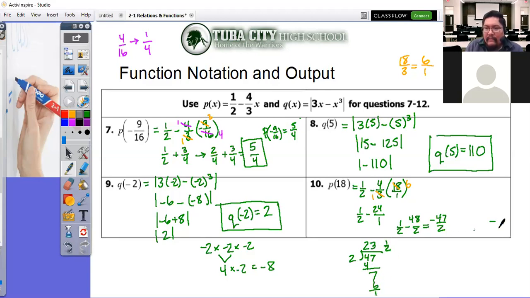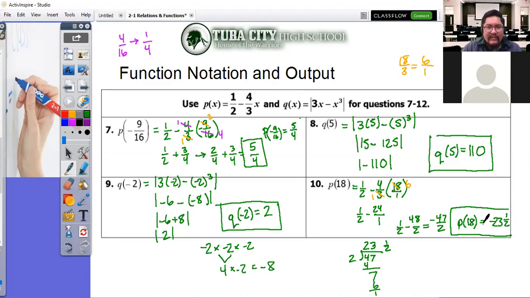So that would be minus 23.5, and P of 18 equals negative 23.5. So if I have an input of 18, I would get negative 23.5.